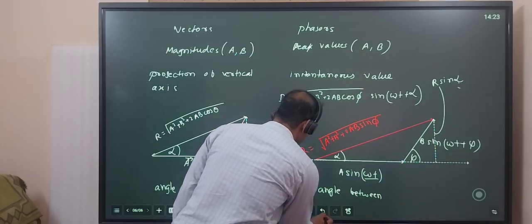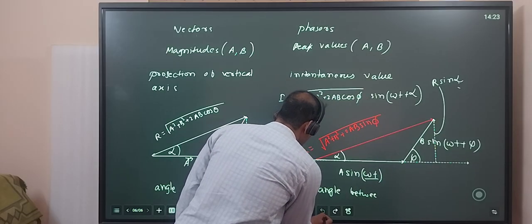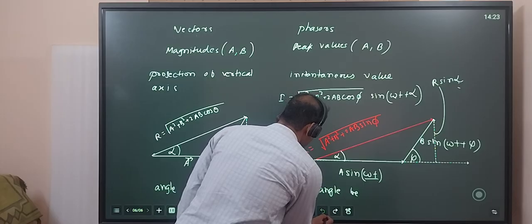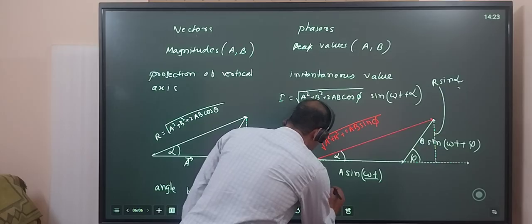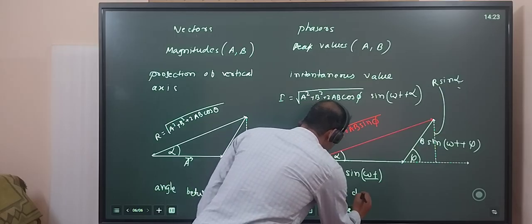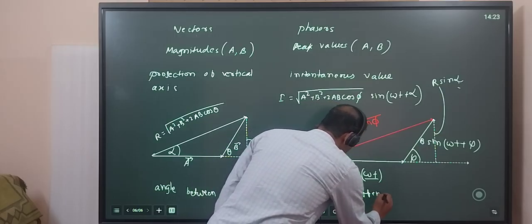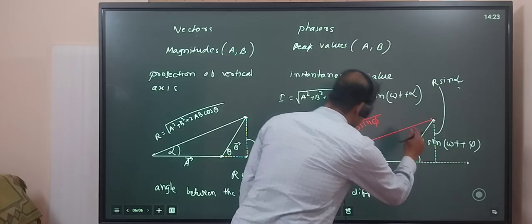This angle is called phase difference. The angle between the phasors, we call it phase difference.